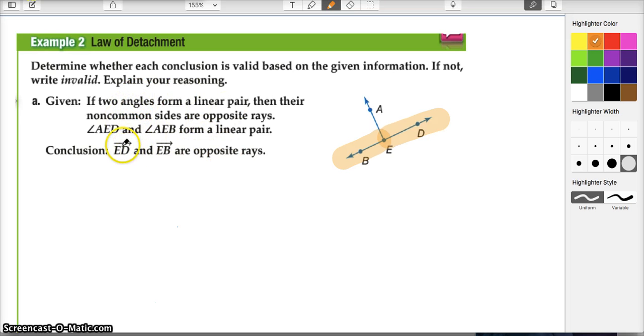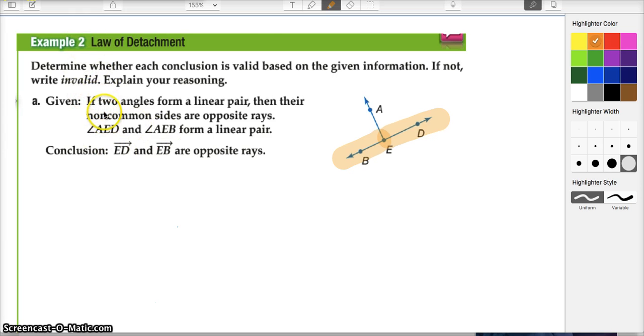The conclusion here is that given that angles AED and AEB are a linear pair, and they share AE, that side, then the rays ED and EB, the sides that they do not share, are opposite rays. That's the conclusion. So let's go back to our statement and see if this conclusion makes sense.